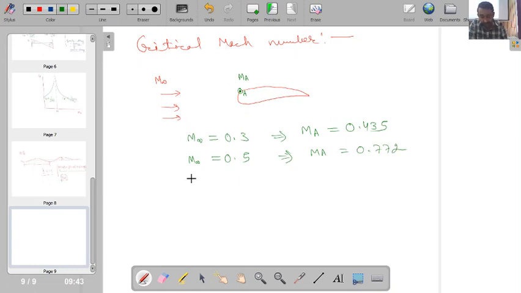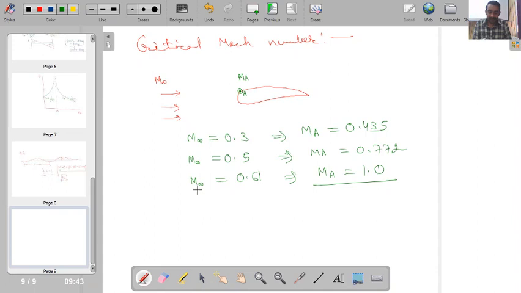Okay, if my M infinity is equal to 0.61, then I will be getting M_A equal to 1.0. Okay, so at point A my local Mach number has become supersonic.